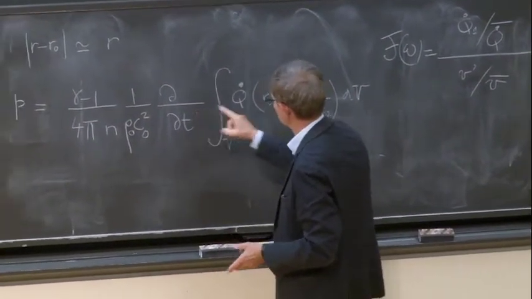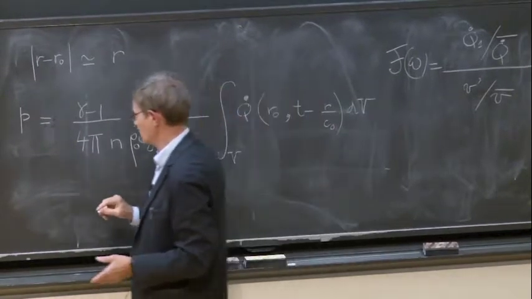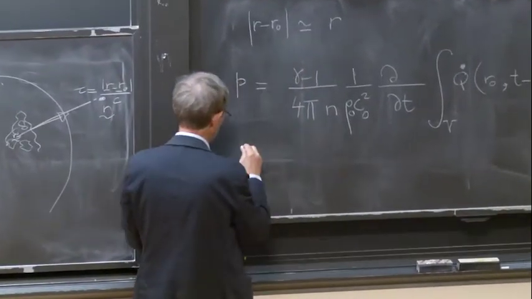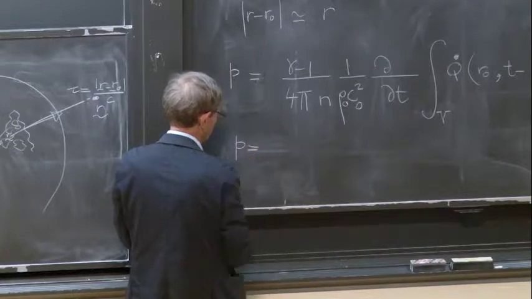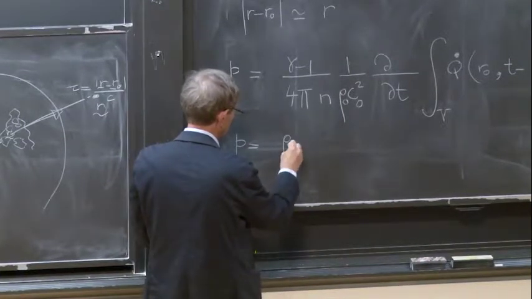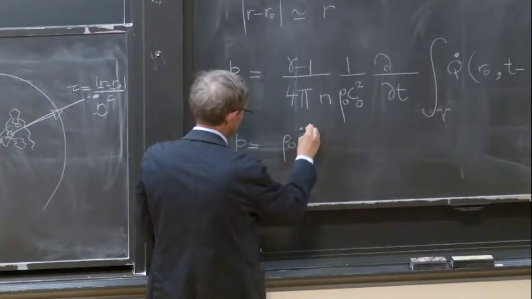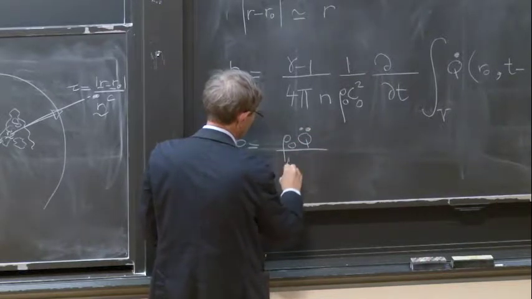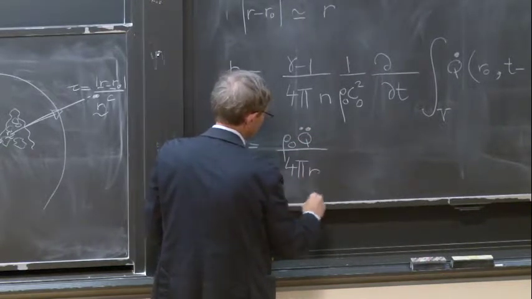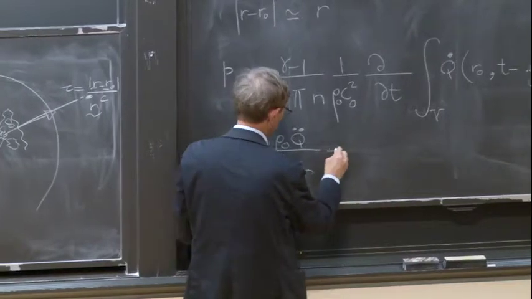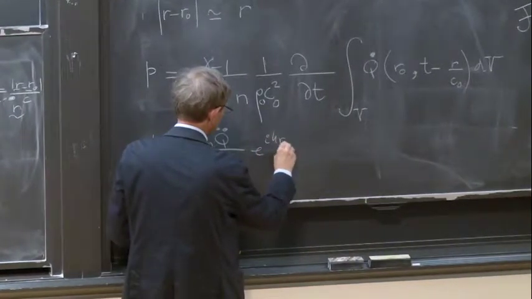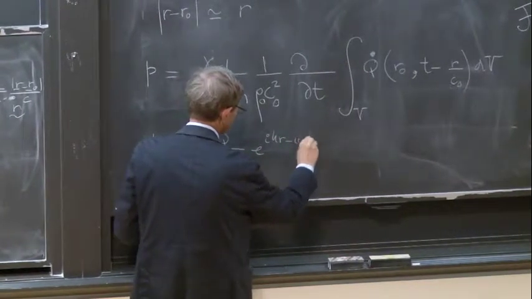And you remember the other day for the pulsating sphere, we had an expression P is equal to rho 0, this was the volume acceleration, over 4 pi r, times e to the i k r minus i omega t.